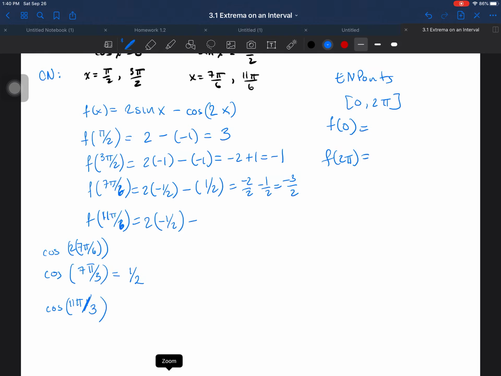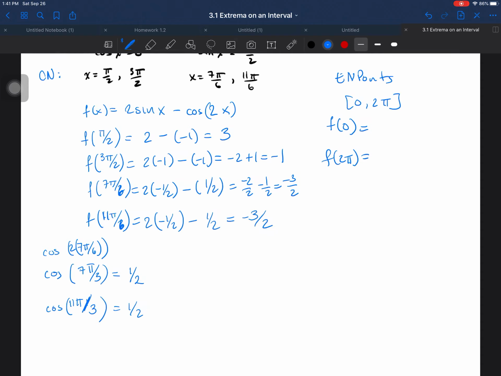How many times does it fit in 12 pi over 3? That will be 4 pi, which will be 2 rotations. So there's almost 2 rotations, but we are short by a pi over 3, so that'll be positive 1/2. So that'll be negative 3/2.